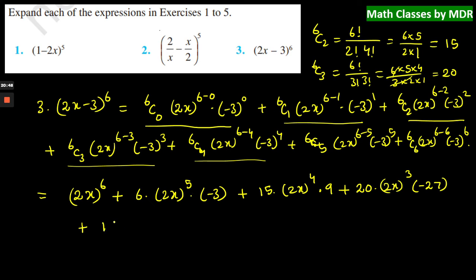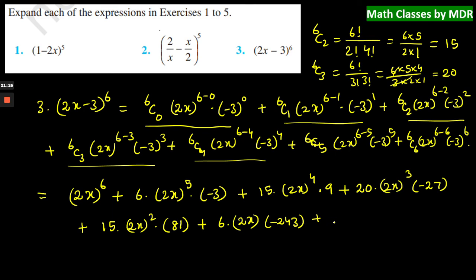So I can write it as 15, 2x whole square, minus 3 whole power 4 is 81, plus 6C5. 6C5 is 6C1, which is nothing but 6, and 2x power 6 minus 5 is 2x, and minus 3 whole to the power 5 is minus 243. Plus 6C6 is 1, 2x power 0 is 1, and minus 3 whole to the power 6 is minus 3 into minus 243.